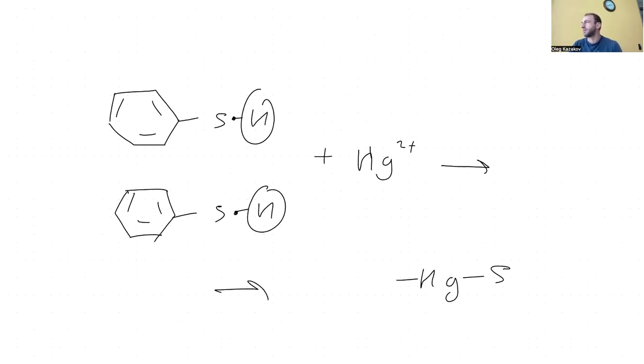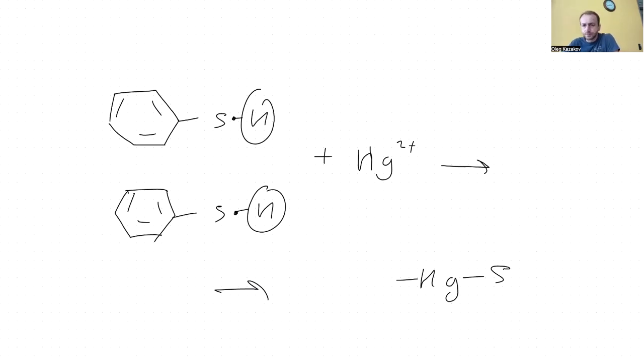This is going to be a little bit more complicated than just a covalent bond, because this is a metal and non-metal bond, which has quite a complicated character, because oftentimes those bonds between metals and non-metals can have ionic character. In some other cases, they might have an in-between character between the ionic and covalent character. So basically, for now, we're just going to say the metal-sulfur bond will be formed.